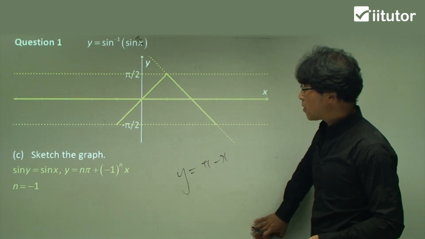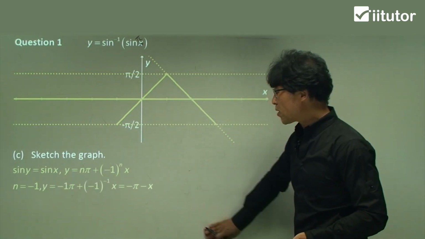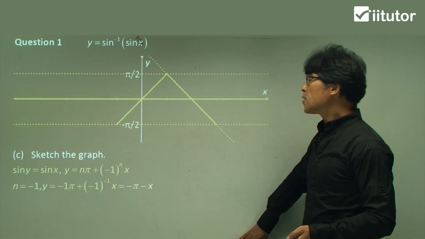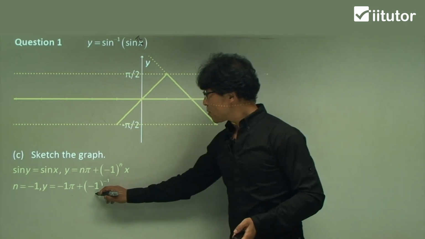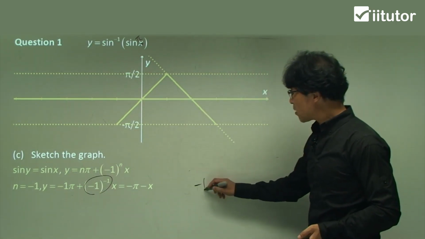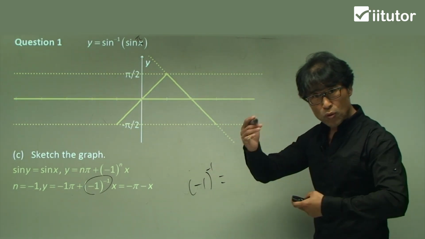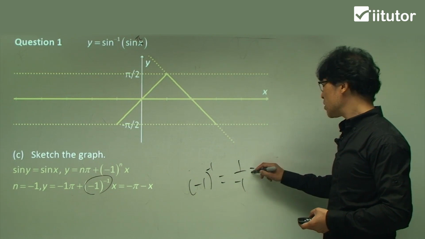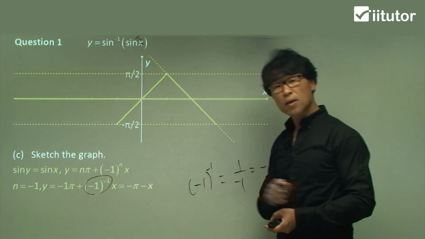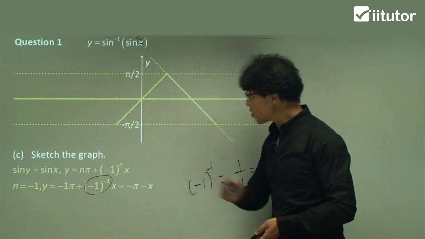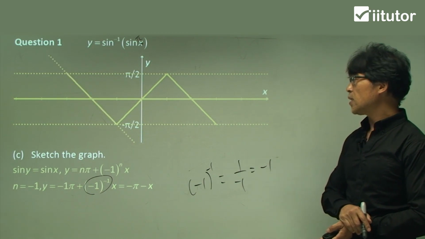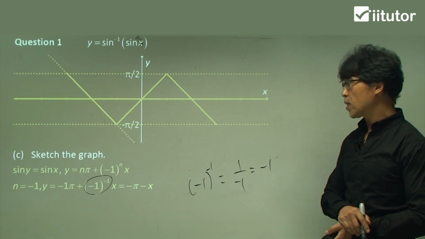So what's happening here? I substitute negative 1 there. How do you calculate negative 1 to the power of negative 1? So this negative power makes us take its reciprocal. So 1 over negative 1, which is negative 1. So that's why it becomes negative 1. So we can sketch the negative x graph. How do you do it? Easy. You can sketch the graph quite easily.